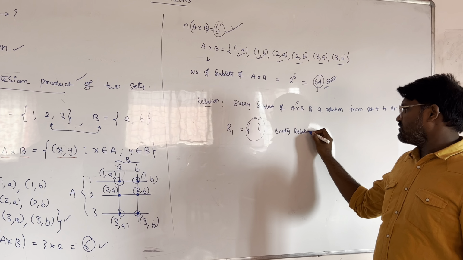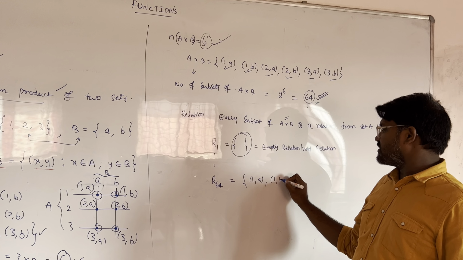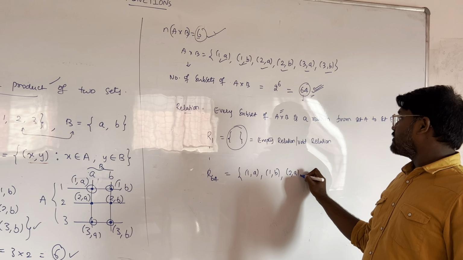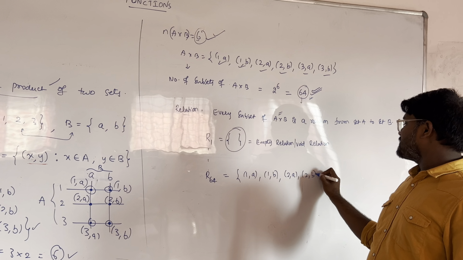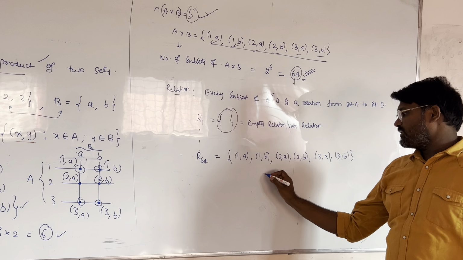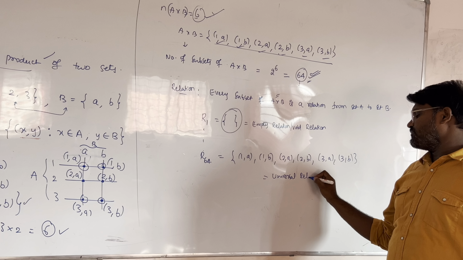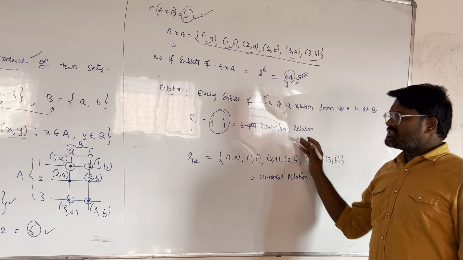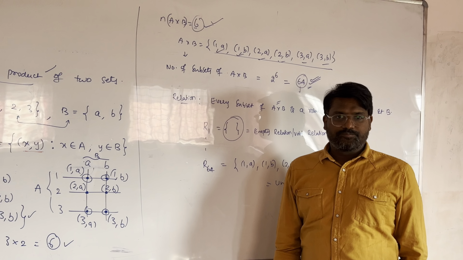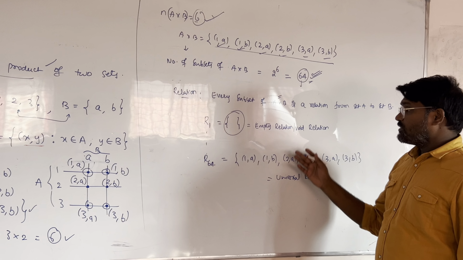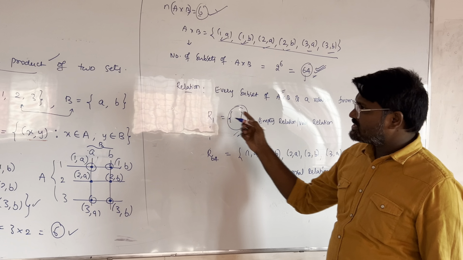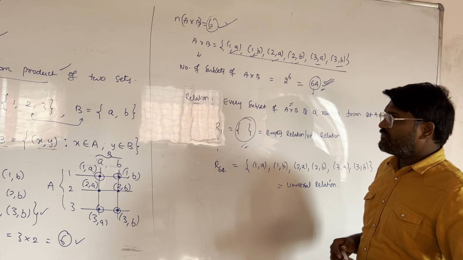We also know that every set is a subset of itself. So among these 64 relations, A cross B itself is also a relation from set A to set B, and that's why it is called the universal relation. So this is the basic idea of relation. Now using this, let's try to understand the definition of a function.